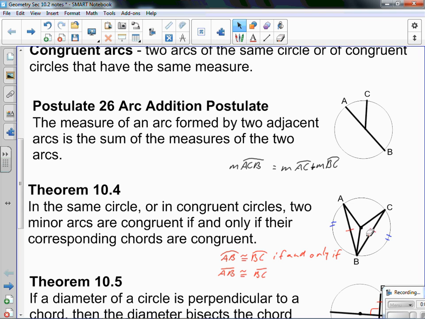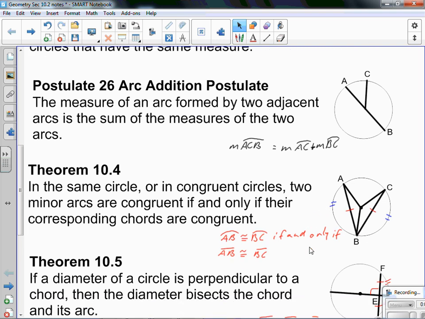If these two chords are congruent, then the arcs associated with those chords would be congruent as well, as long as we're within the same circle or in congruent circles.